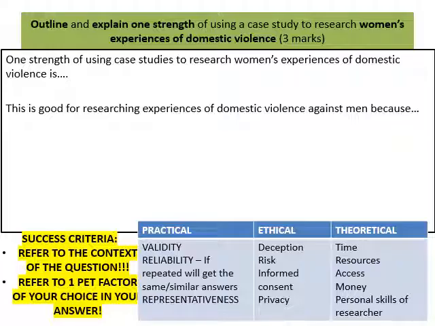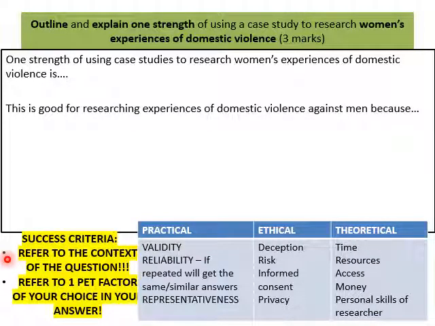Okay, great. And now to wrap things up for this lesson, we've got an exam practice question which I'd like you all to attempt. The exam practice question is, outline and explain one strength of using a case study to research women's experiences of domestic violence. At the bottom here, you've got the success criteria that I'd like you all to follow.